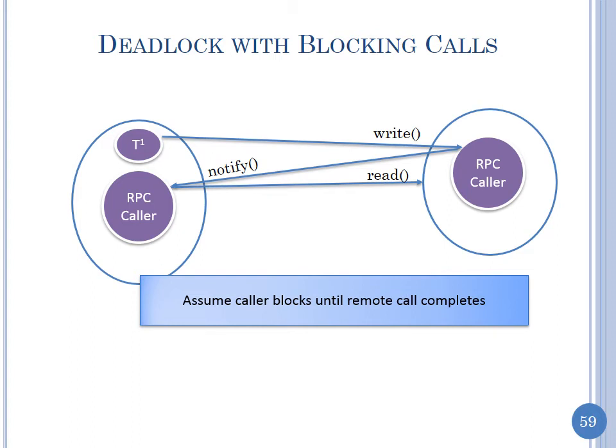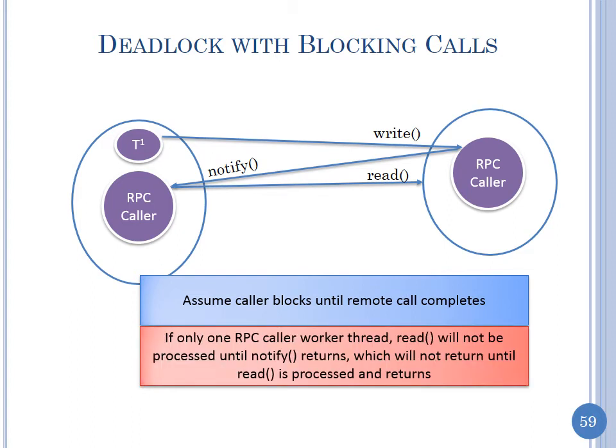So if there's only one RPC caller worker thread, read will not be processed until notify returns, which will not return until read is processed and returns. So you now have a deadlock situation.